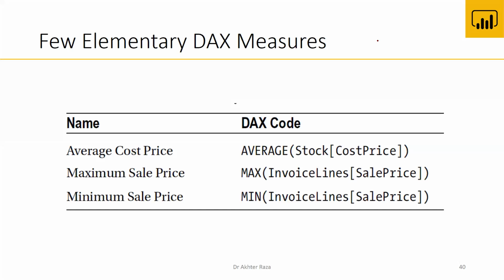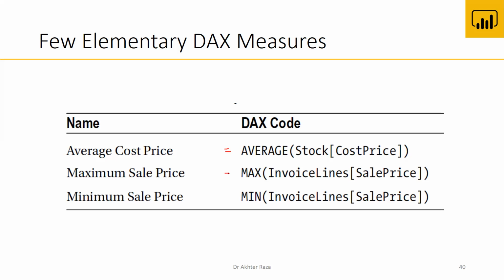There are different functions that we can use for measures, like average of the stock table cost price. The average is calculated and stored as a single entry in a newly created measure. So you have to specify the name of the measure during the DAX operation. You can calculate the maximum value of the prices in the invoice line table, and we can calculate the minimum value of the sale price from the invoice line table. So these are the three functions.